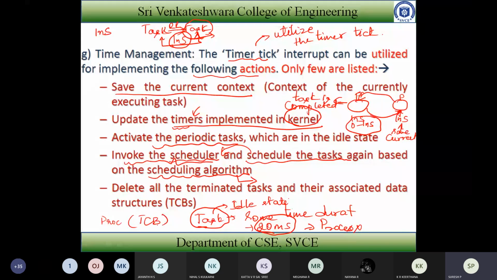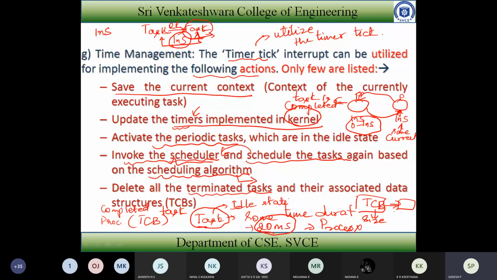The completed task has to be terminated. So you have to delete all the terminated tasks and the data structures associated with them. As I told you, each TCB has data structures which are linked together because of some size constraint, so depending upon that, it is assigned. That will be done by the time management.